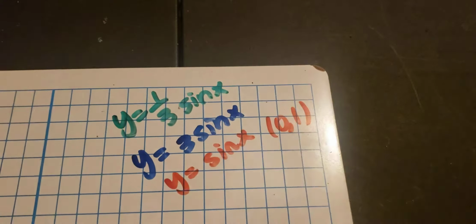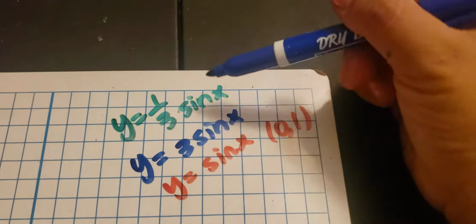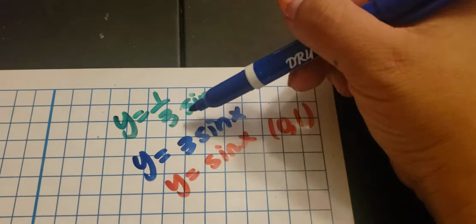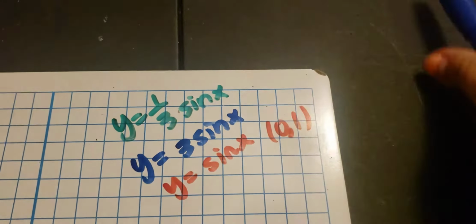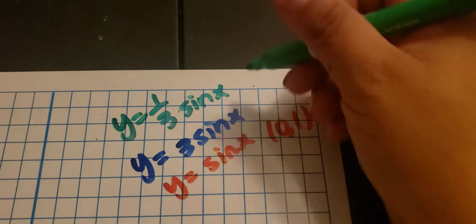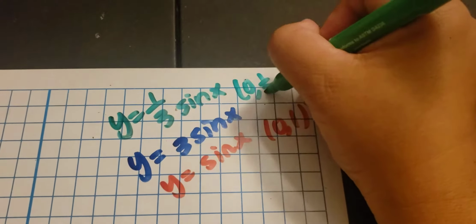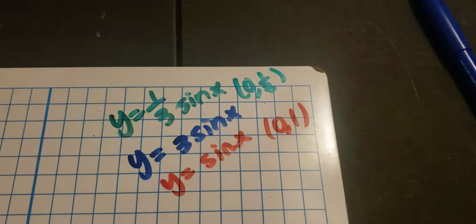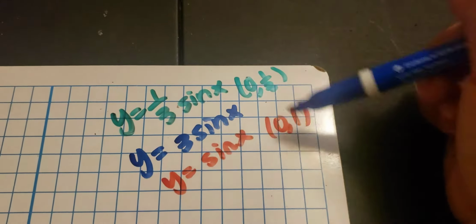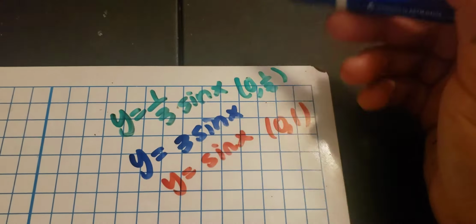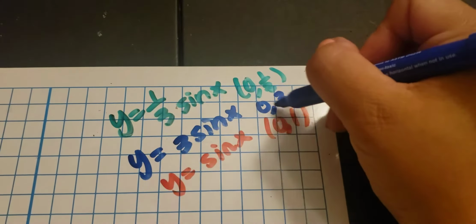To get our coordinates, all we have to do is multiply 1/3 to 0, 1, and you end up with 0, 1/3. That's your first point. For the other one, you multiply 0, 1 by 3, which gives us 0, 3.